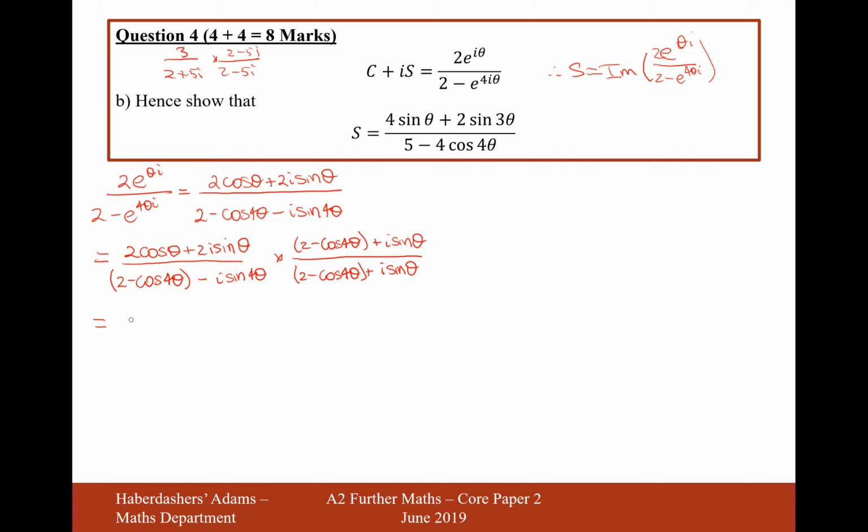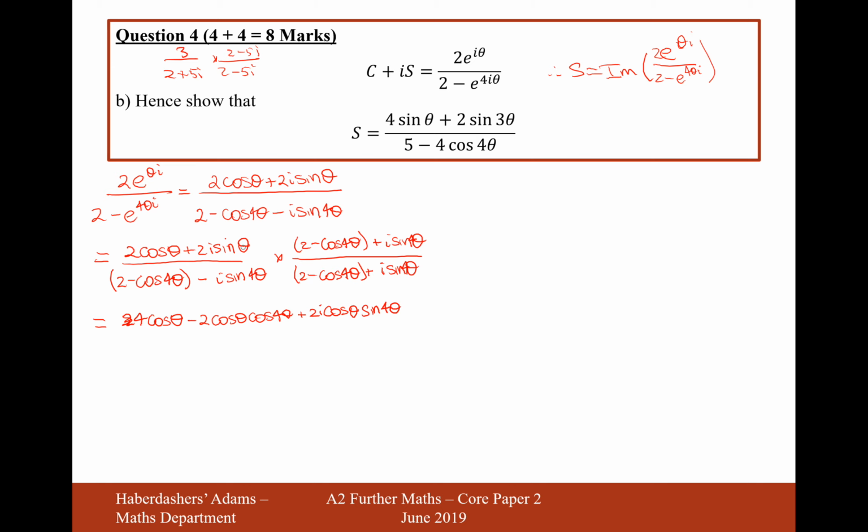But first we need to multiply the top together, so the first bit is going to be 2 cos theta times 2, so that's going to be 4 cos theta. Then it's going to be minus 2 cos theta cos 4 theta. The next bit's going to be plus 2i cos theta. Oh, sorry, there's meant to be a 4 there, and 4 there. 2i cos theta sine 4 theta.